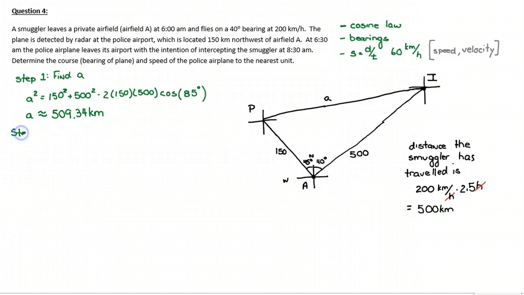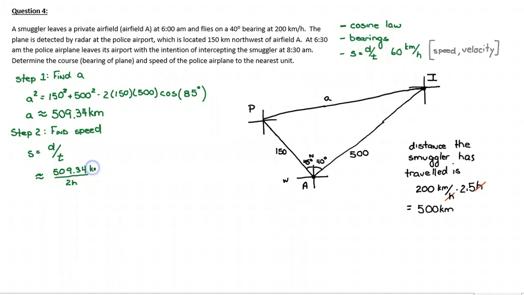So step 2, we need to find the speed. So we know that speed is equal to distance over time, so therefore speed is approximately going to be 509.34 divided by the time, which is 2 hours.